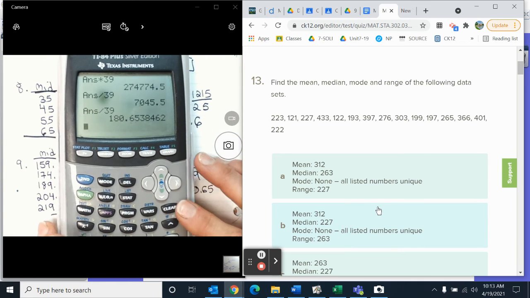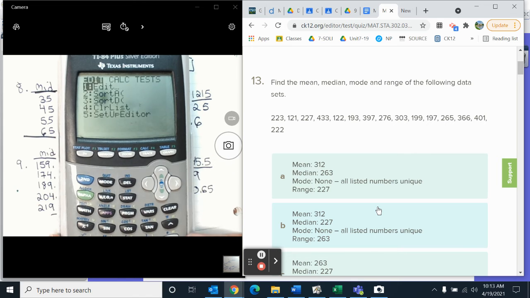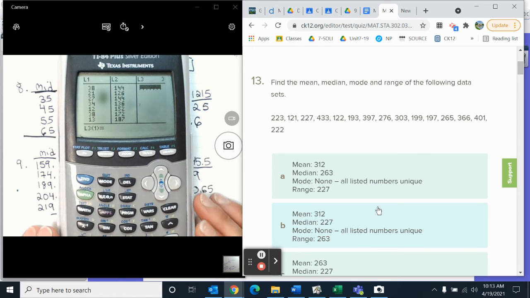Here, let's find the mean, median, and mode. And I would encourage you to use the calculator like we did in class today.